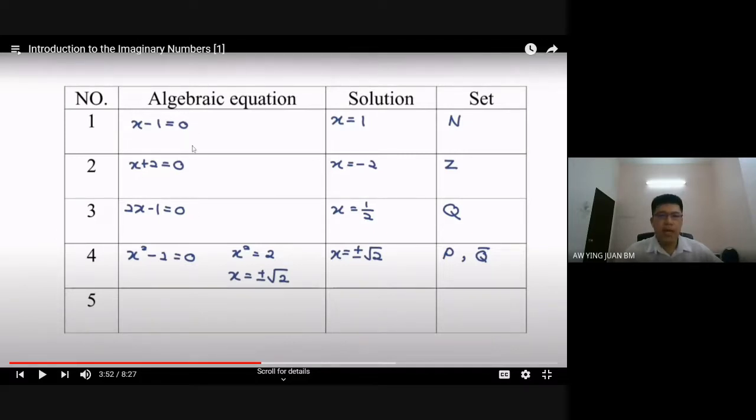So saya ambil yang simple. Okay, so you akan dapat x equals 1, x equals -2, x equals 1/2, and x equals plus minus square root of 2. So dalam solution ini, dia masih tergolong dalam real number. Okay, real number.